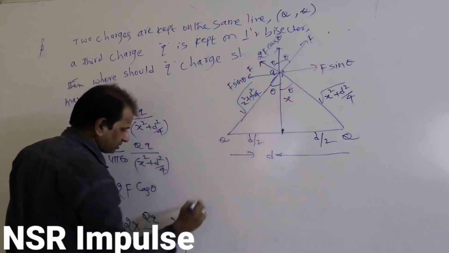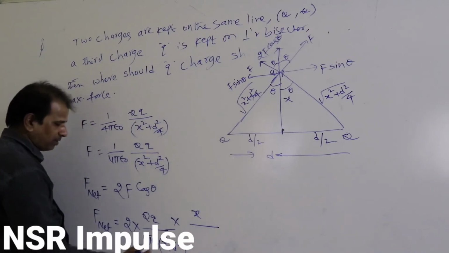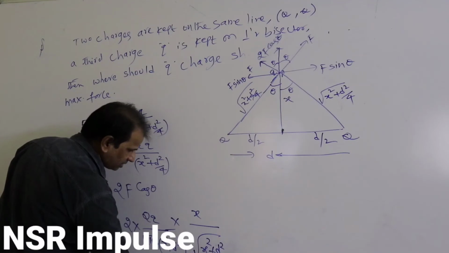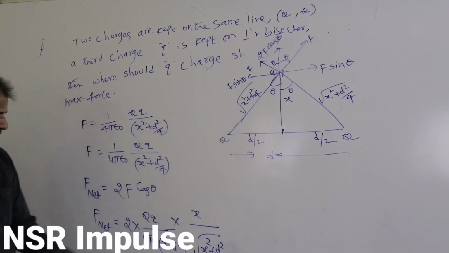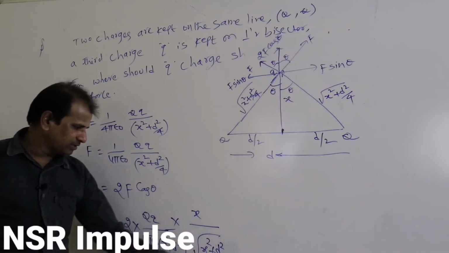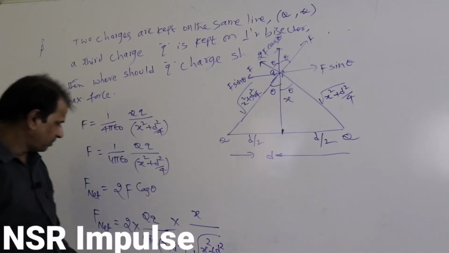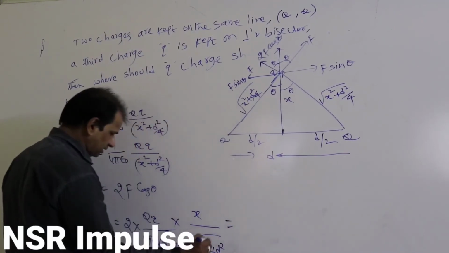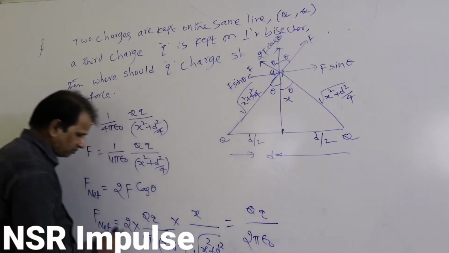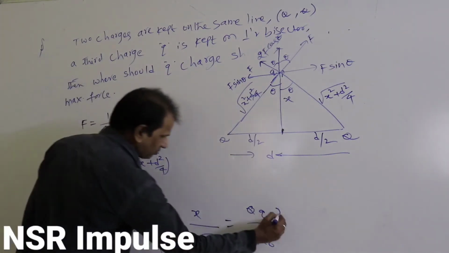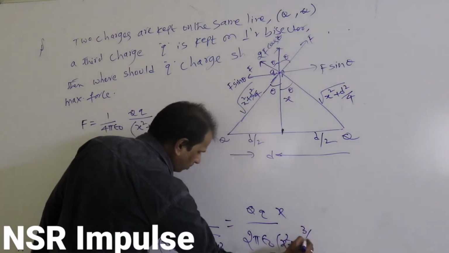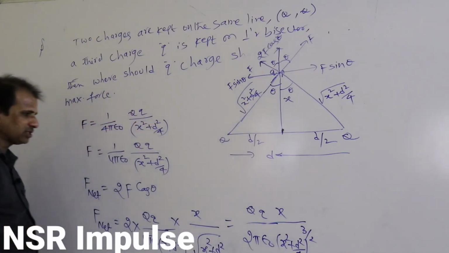Cos theta is adjacent side x by hypotenuse. Hypotenuse means under root of x square plus d square by 4. See, this becomes whole power 1 and this is whole power 1 by 2. If you combine these two, you will get whole power 3 by 2. That means you are going to get here Qq by 2 pi epsilon naught, the 2 got cancelled, then x by x square plus d square by 4 whole power 3 by 2. This is the force.